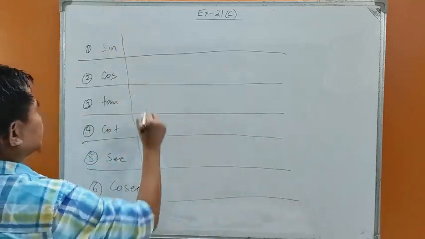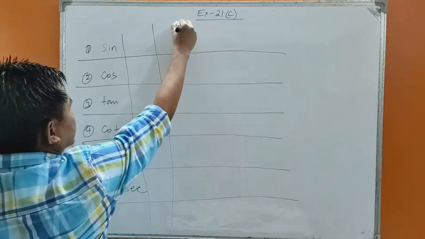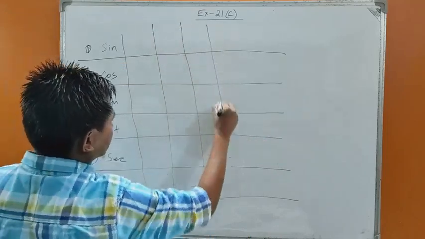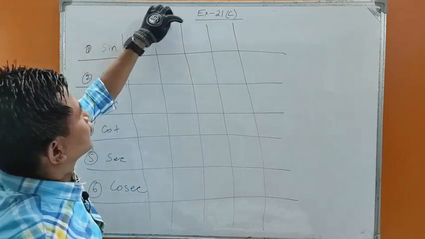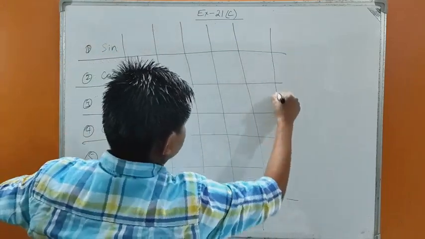Let us write the values of sine, cos, tan, cot, sec and cosec at the different angles: 0 degree, 30 degree, 45 degree, 60 degree and 90 degree.